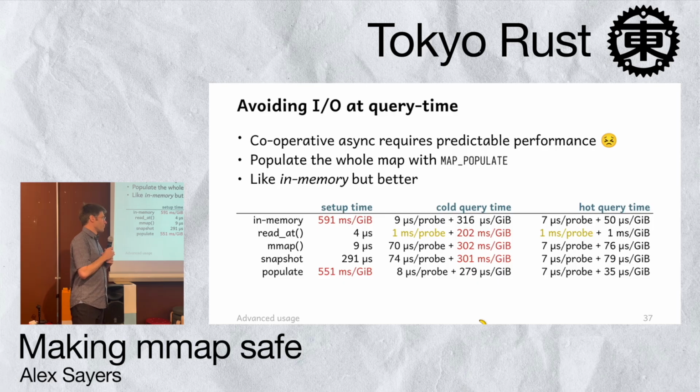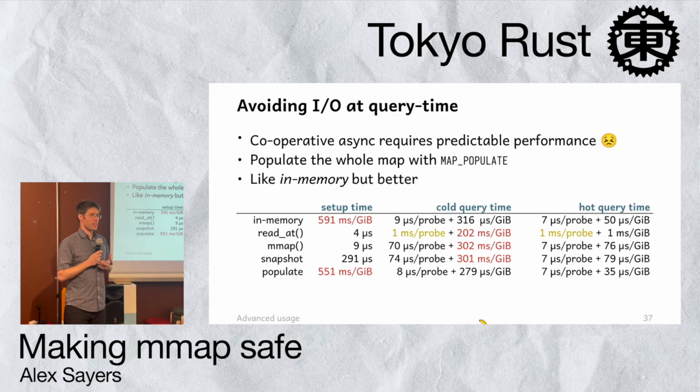Sometimes you don't want reading from an array to suddenly block and do a bunch of I/O randomly. Especially async people get twitchy about this. It's kind of a foot gun, a misfeature with cooperative async, that you have to be really careful not to accidentally do any I/O.